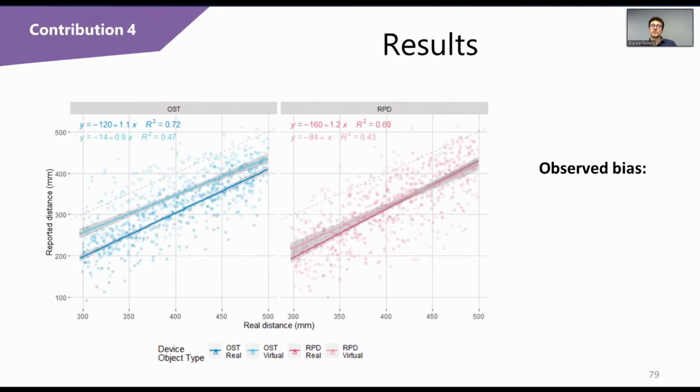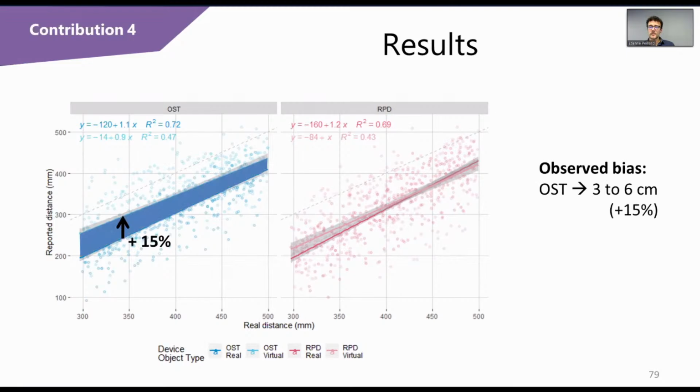To analyze the results, we performed linear regressions for real and for virtual estimates with each device. Then, we can evaluate the perception of virtual elements compared to the real perception. For optical see-through devices, we found an overestimation of the distance for virtual objects of 15% compared to the real estimates.